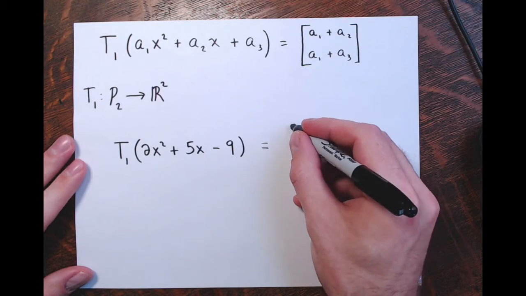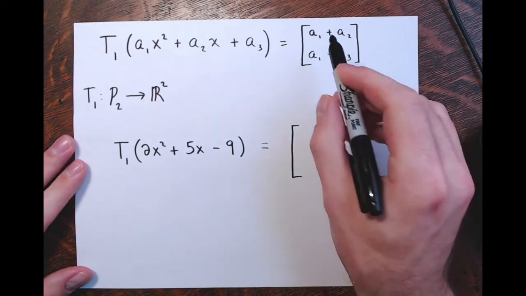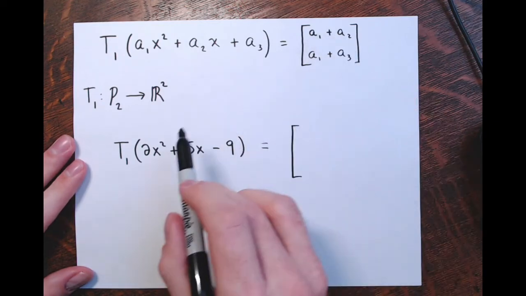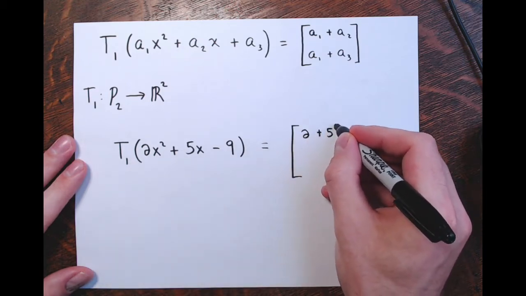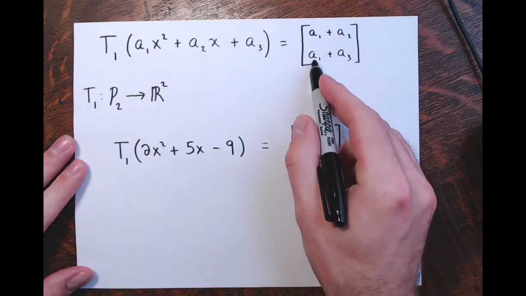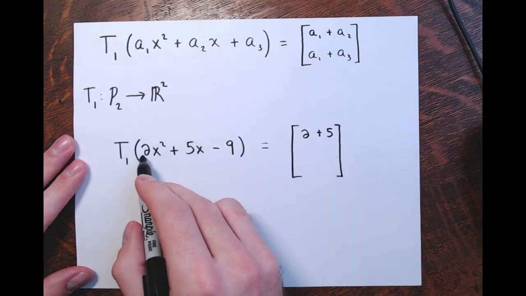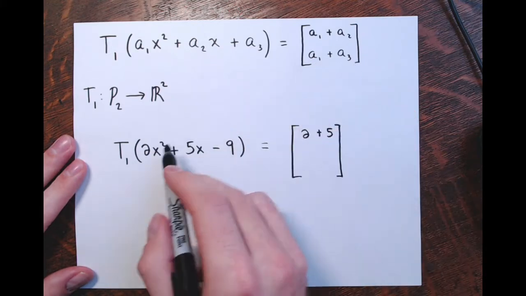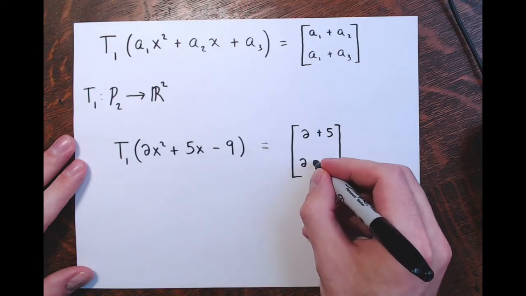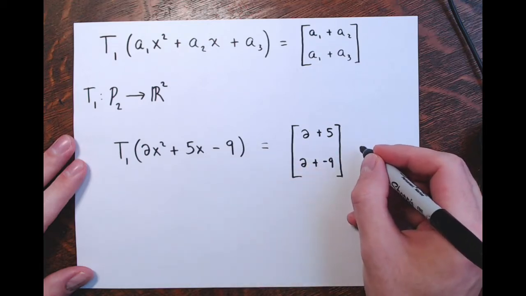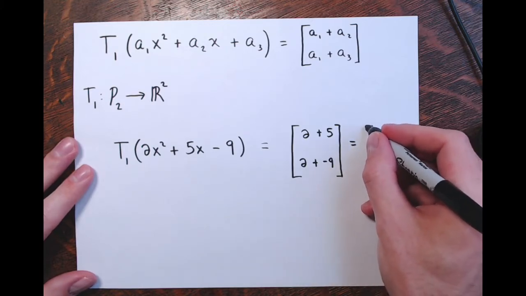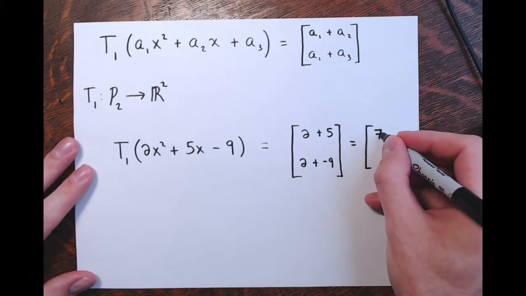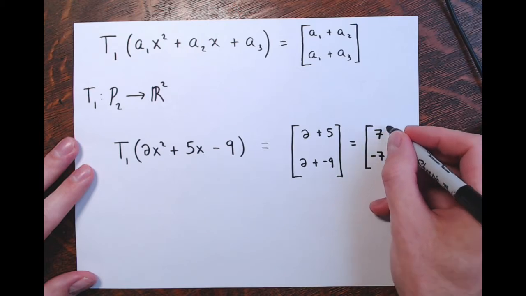So for the resulting output, the first component is a1 plus a2, so 2 plus 5. And the value of the second component is a1 plus a3, so 2 plus -9. So this output has components 7 and -7.